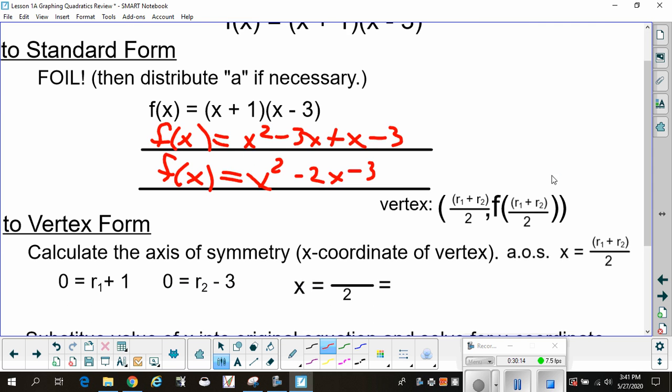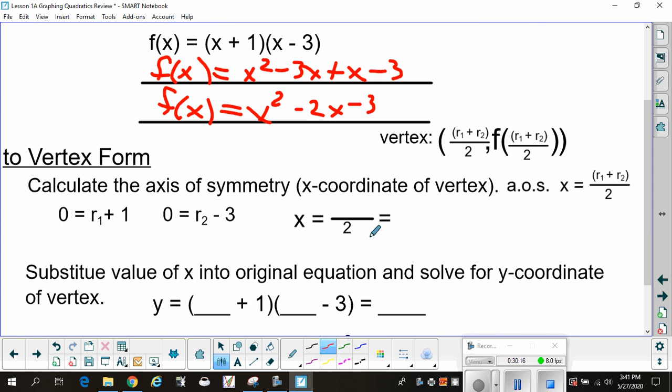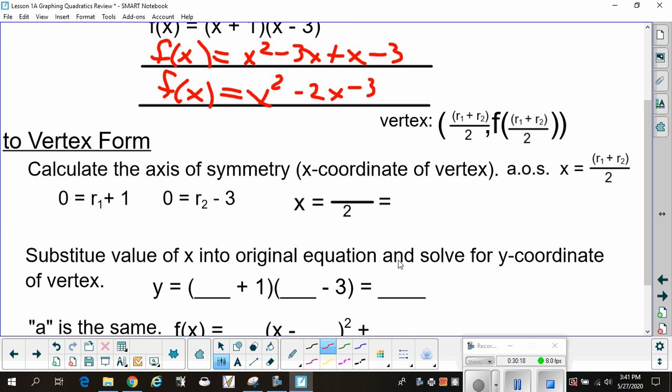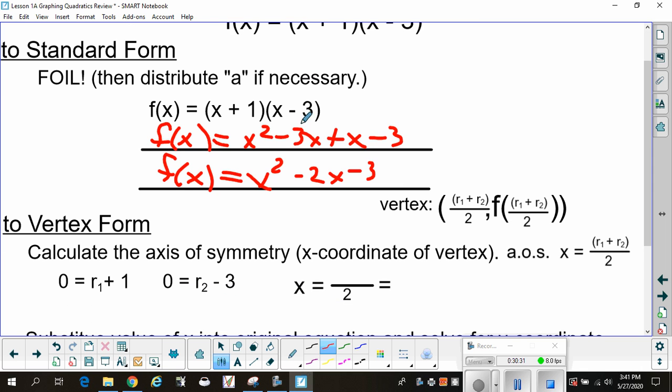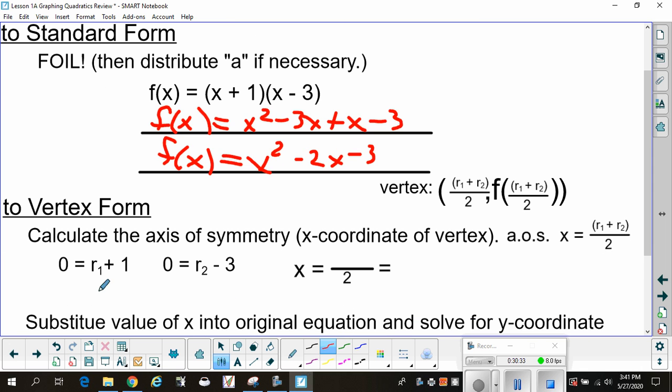Now, if I want to go to vertex form from my factored form, first thing I need to know is what is the x value of my axis of symmetry, or the x value of the vertex. So I've got -1 is equal to r1, and 3 is equal to r2.